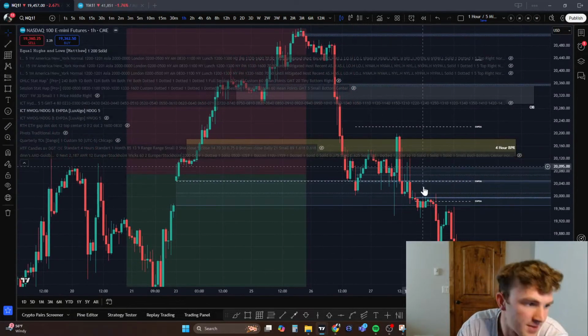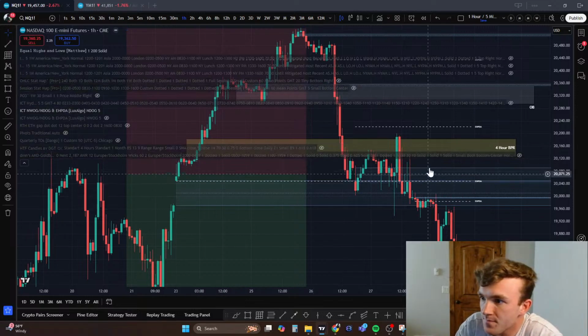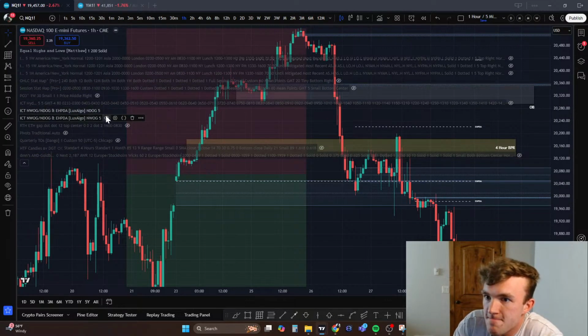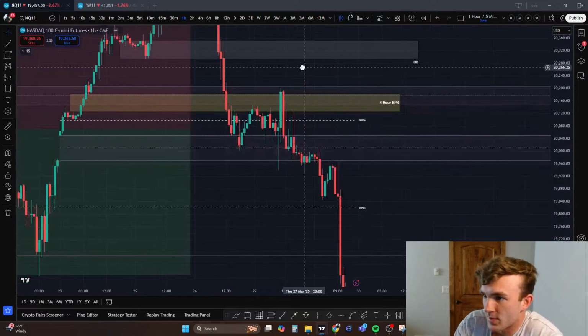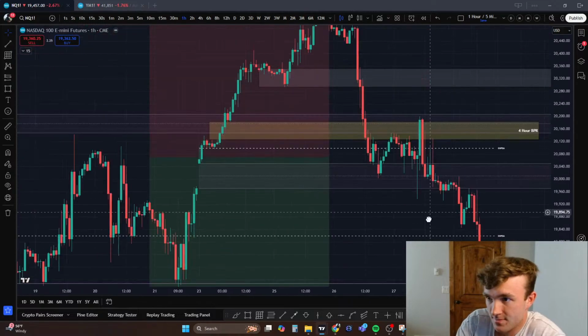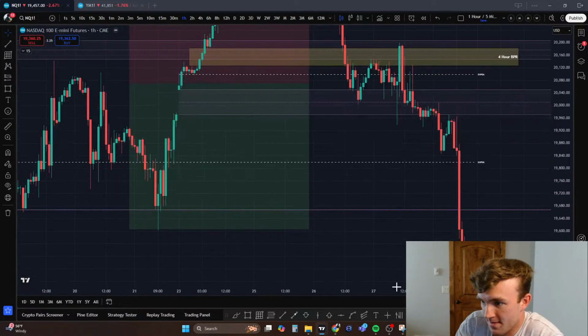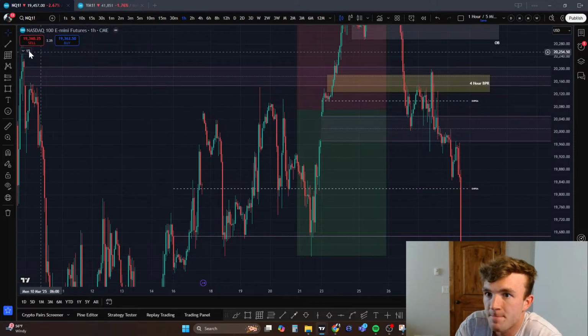This was kind of like a flow state model, and we'll look at that when we get to the lower time frame stuff. And look at how we pop into this new week opening gap. Dude, I didn't even notice that when it happened. That's crazy. Perfectly into that new week opening gap.